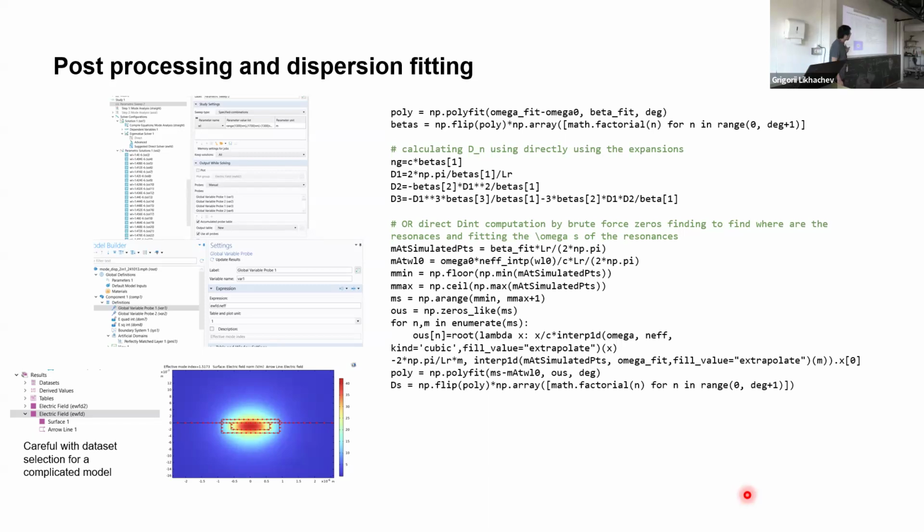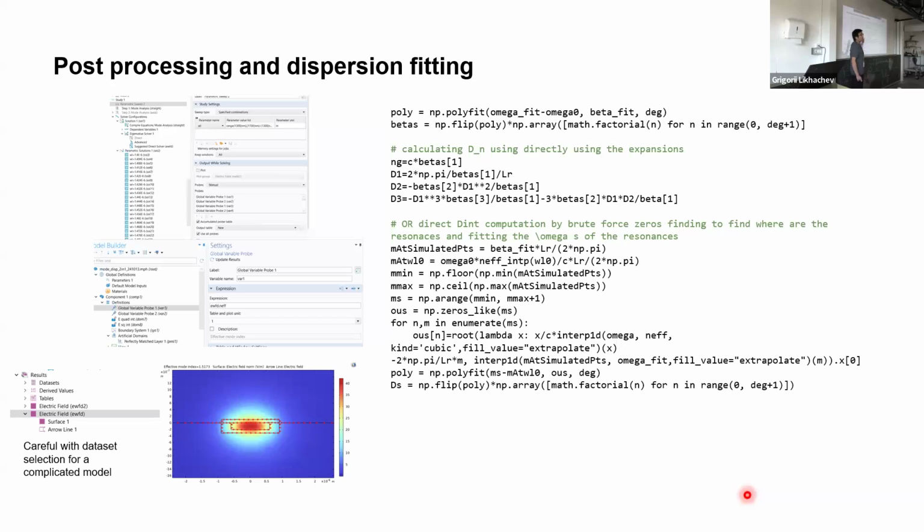And once you have a table of the effective index versus different wavelengths, either from a parameter sweep or whatever you do, then you can do this polynomial fitting. Apart from the script, the Python script I also sent, I think, in the files. Basically, once you computed the beta out of the effective index, you can do a polynomial fit of that as a function of omega.